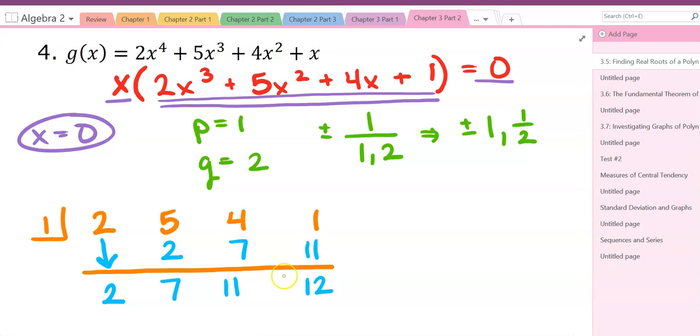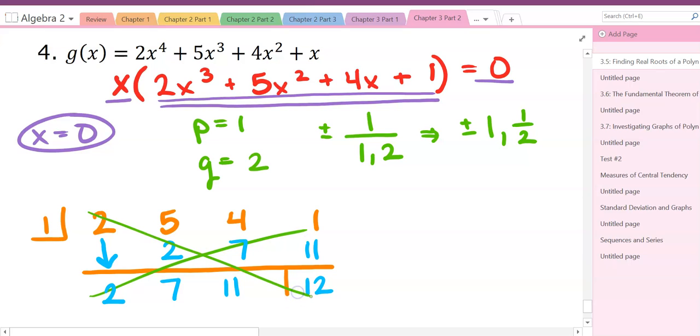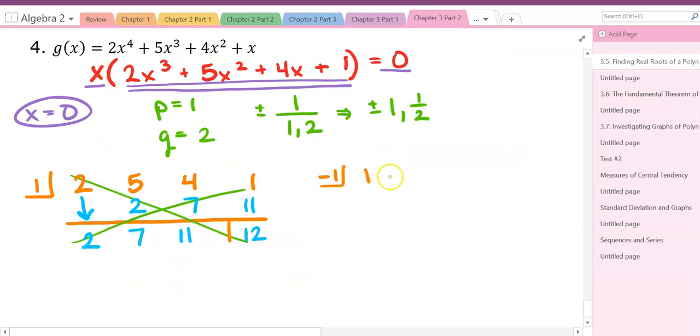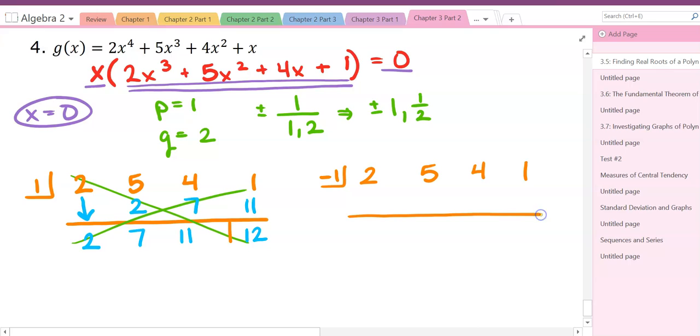Does 1 work? No. 1 doesn't work. Let's try -1. Okay, so go ahead and do that for -1 and see if it works.